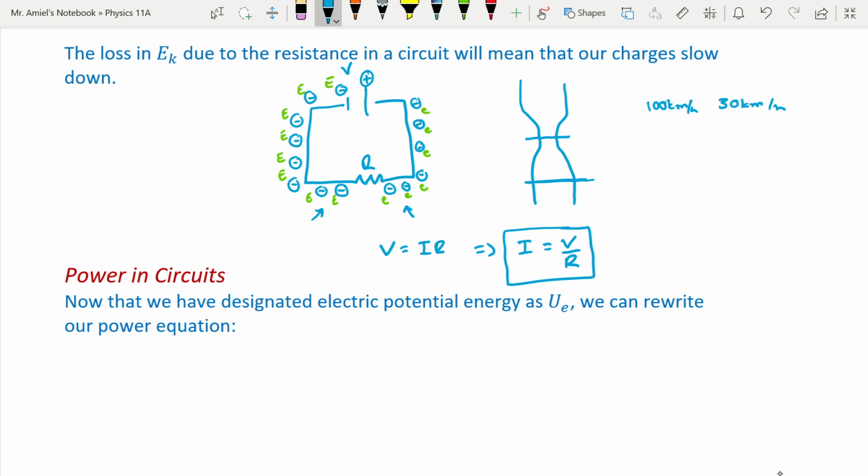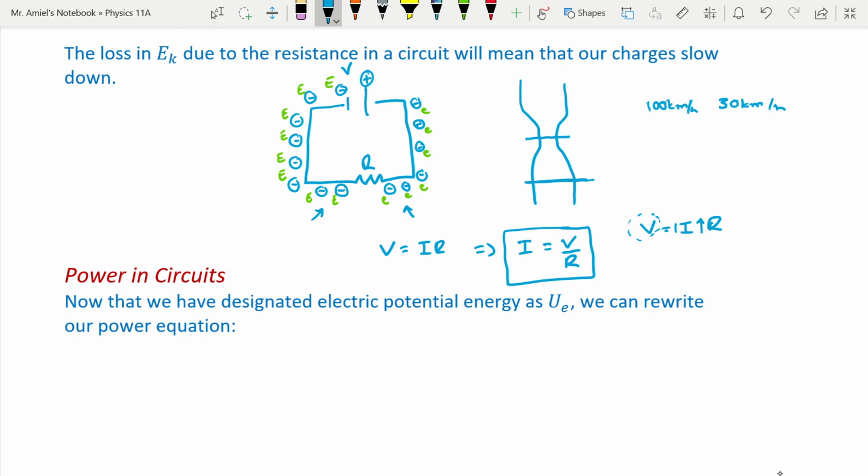If we're in the case where we've got our constant voltage, so this is going to stay the same, because we always have the same voltage from this battery, then if we increase the resistance, what has to happen to our current?